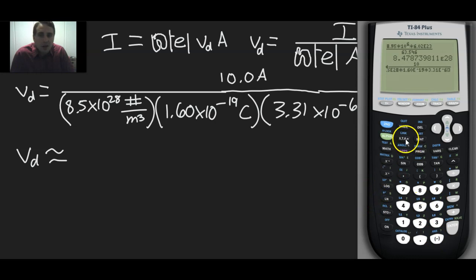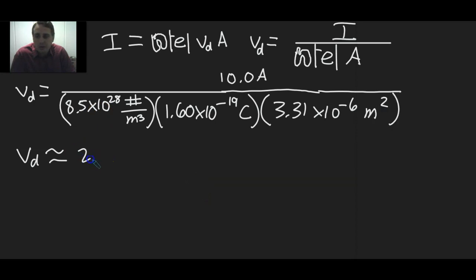Okay, and if we calculate all that, we should get this value. So we'll write this down. It's about 2.22 times 10 to the minus 4th meters per second.